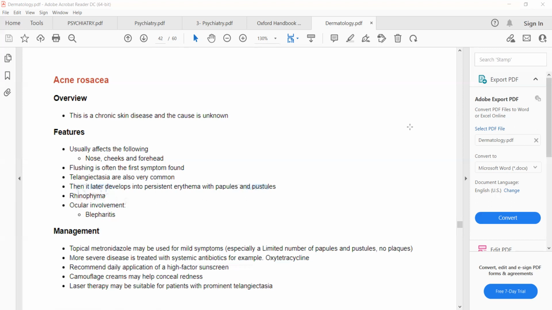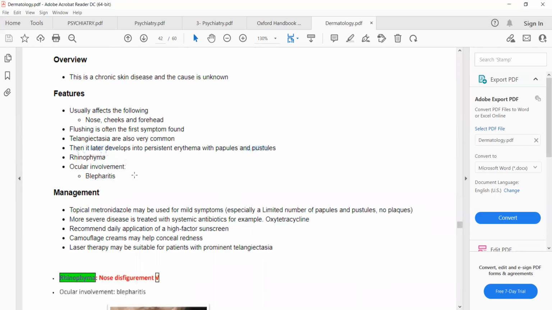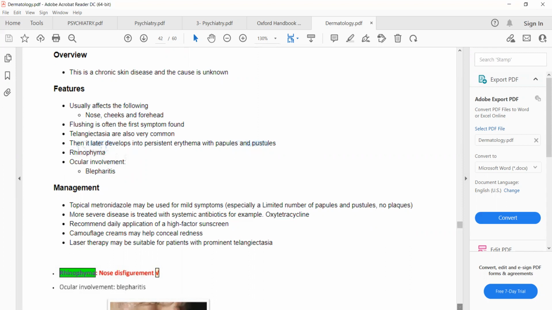Acne vulgaris is common in the adolescent age group, while Acne Rosacea is common in elderly people. And it can lead to disfigurement of body parts such as rhinophyma. So someone with flushing of the face, papules and pustules, and disfigurement of the nose, that is known as rhinophyma, your diagnosis will be Acne Rosacea.